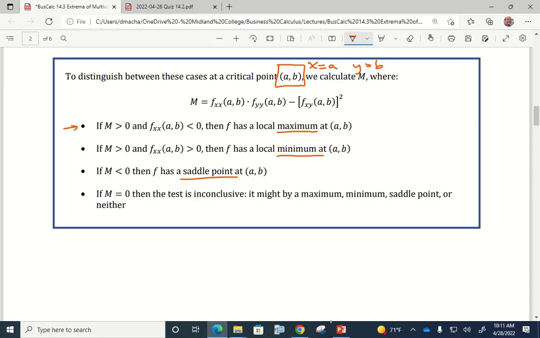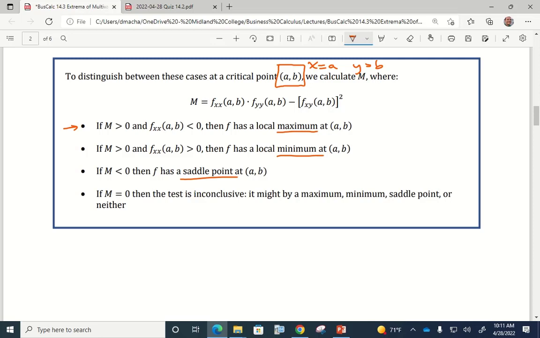Either M is positive and your second derivative with respect to x is negative, and in that case you're talking about a local maximum. If M is positive and the second derivative with respect to x is positive, then that function is a local minimum at the critical point.